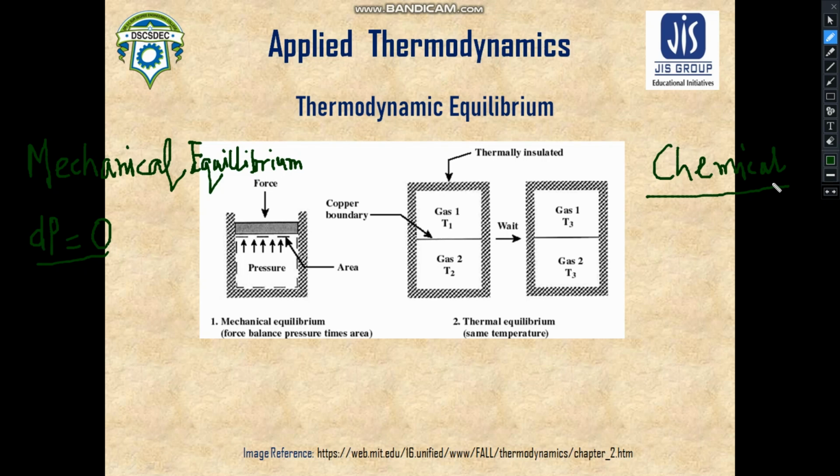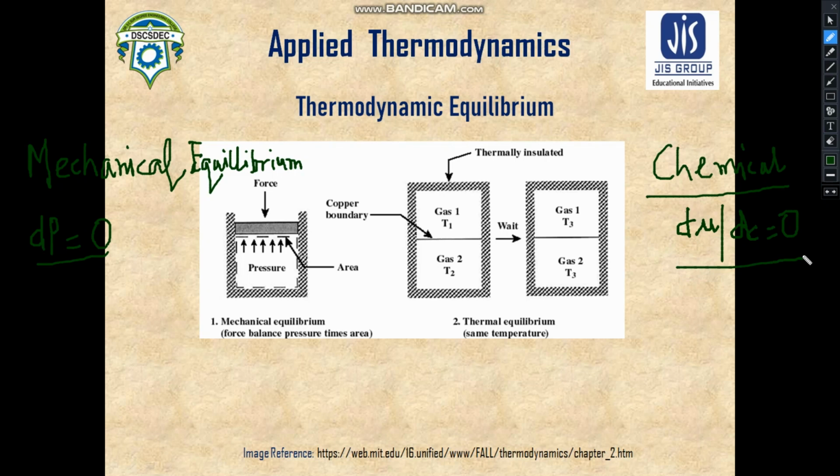I am saying these things more and more times so that you can become accustomed with the thermodynamic equilibrium criteria. We can also write d mu or dc equal to 0.